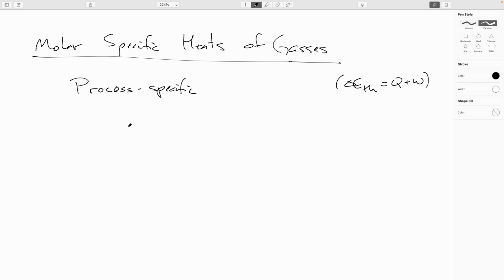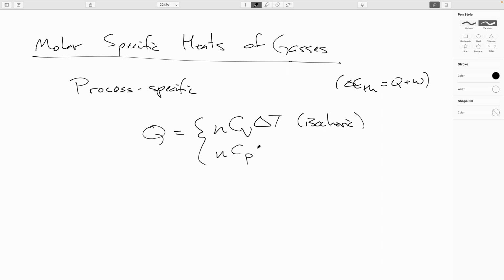Now here we'll just say if the process is isochoric or isovolumetric, that's n C_V delta T. And if it's isobaric, it's n C_P delta T. Now we could imagine having other ones, but it'll turn out that these two are good enough.